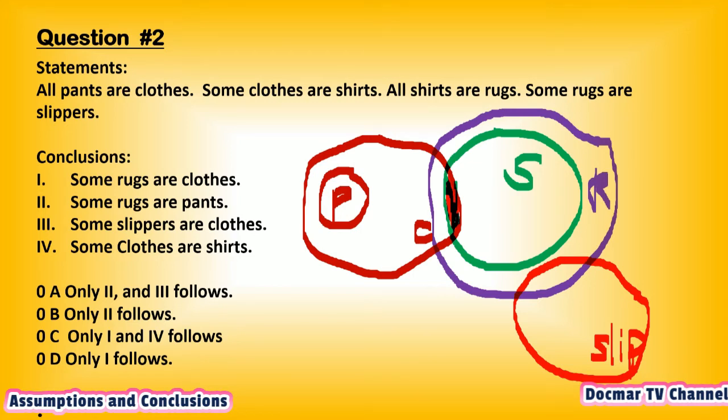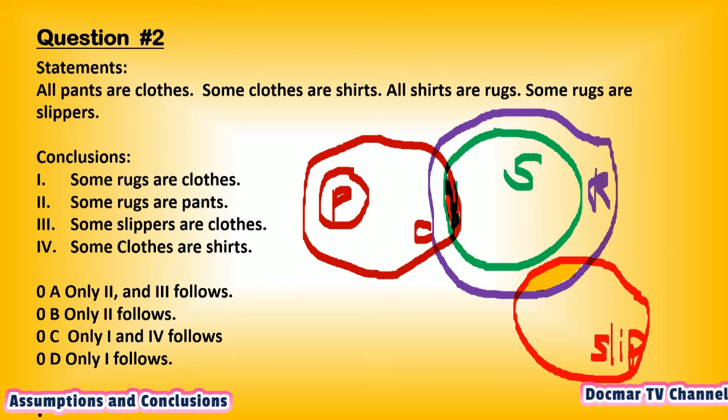And all shirts are rugs. So the shirts should be enclosed by the big circle of rugs. Since some of the shirts are clothes, the clothes will be affected too. And some rugs are slippers. Take note that part of the rugs are slippers and part of the slippers are rugs.